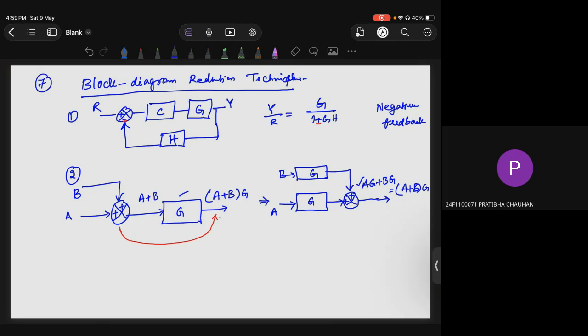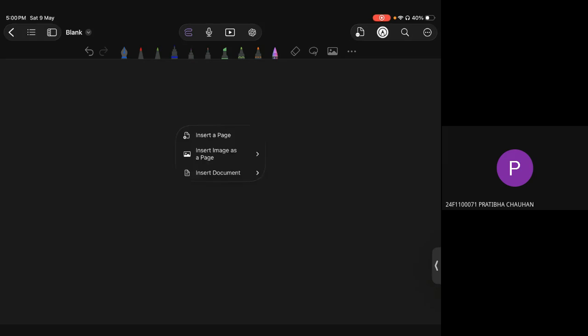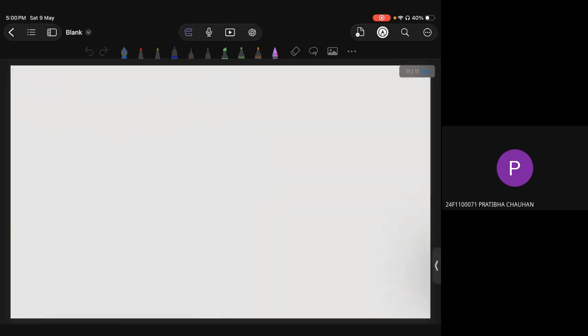Next, based upon the block diagram, we have three definitions for stability. Let me explain those also. Stability of linear systems.